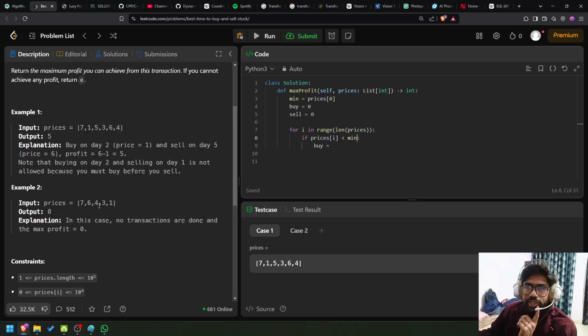Note that if it's the same one, no transaction is done in that case.